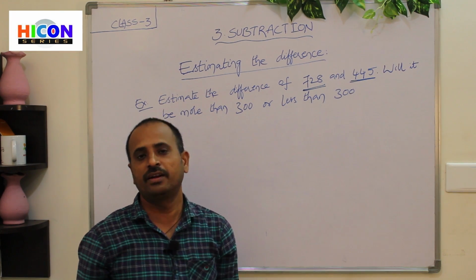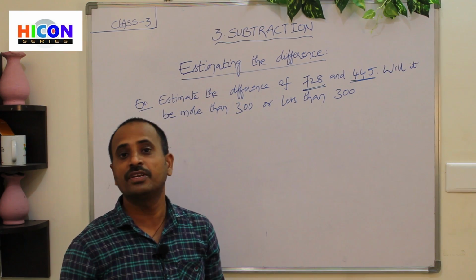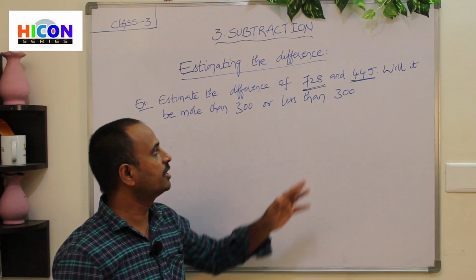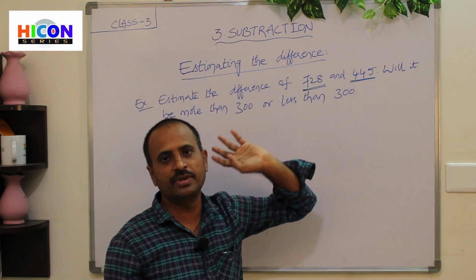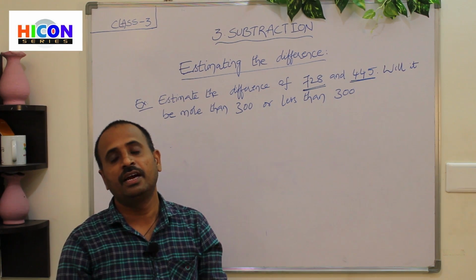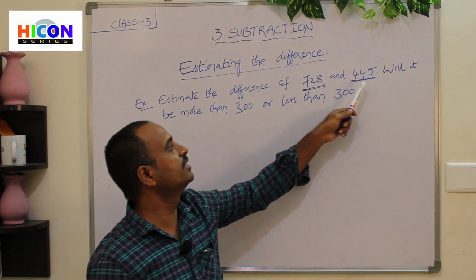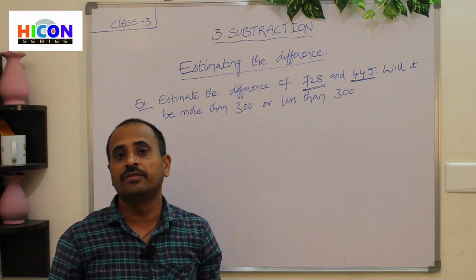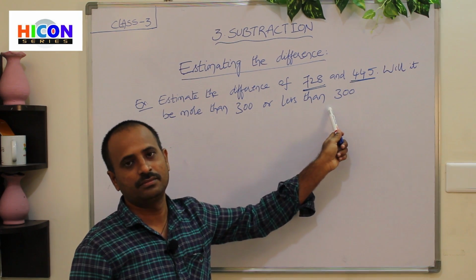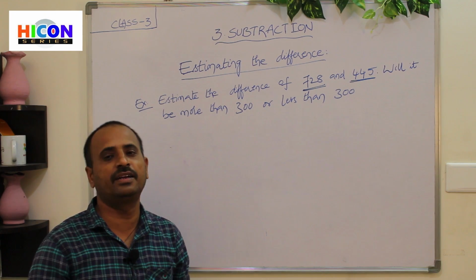Difference means subtraction. But we should not do the subtraction, and without doing subtraction, we have to estimate the difference of these two numbers, and we have to compare that difference with another number 300. That means the difference is less than 300 or more than 300.